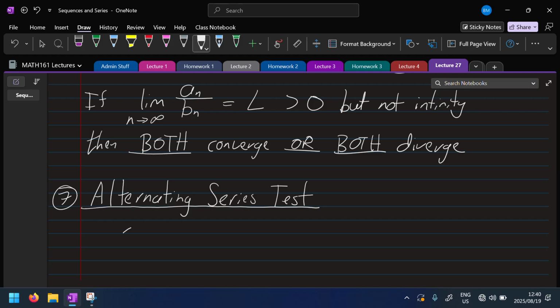So we can write that as the sum, n goes from 1 to infinity, minus 1 to the n. So that will be plus 1, minus 1, plus 1, minus 1, and so on, times b_n, where all the b_n's are greater than or equal to 0. Okay, so this gives us the alternating positive, negative.